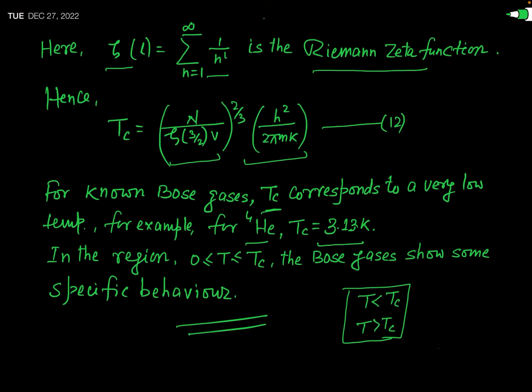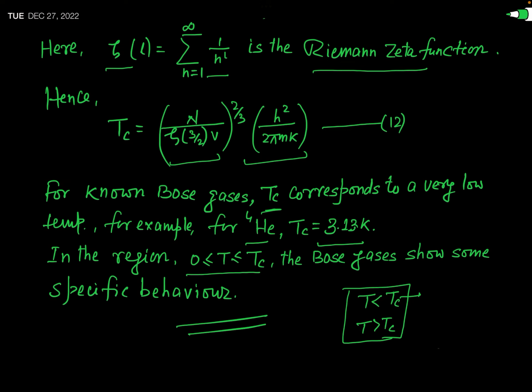So when you talk about this condition, T less than Tc, that is in the region 0 less than or equal to T less than or equal to Tc, you will see that this Bose gas shows some specific, peculiar behavior, which you have already discussed earlier, like Bose-Einstein condensation and liquid helium.